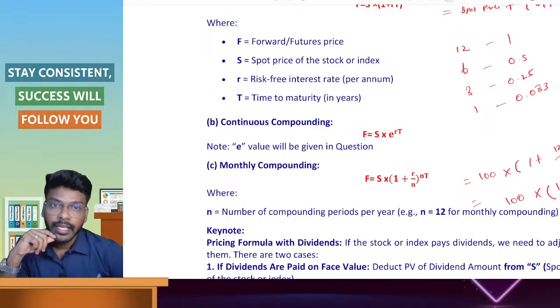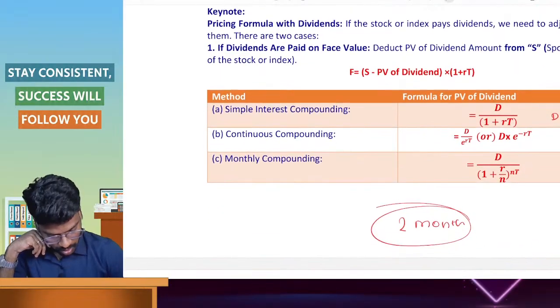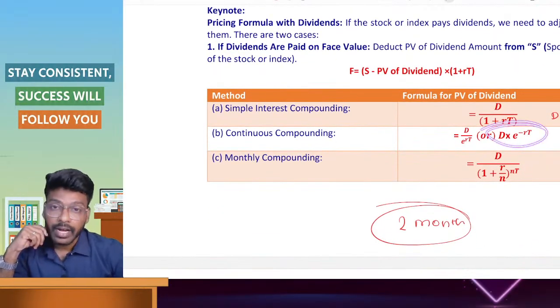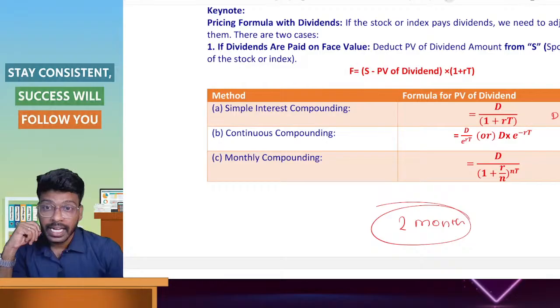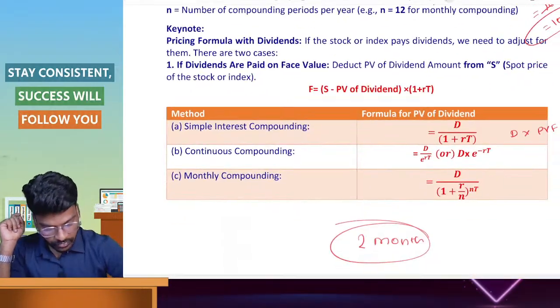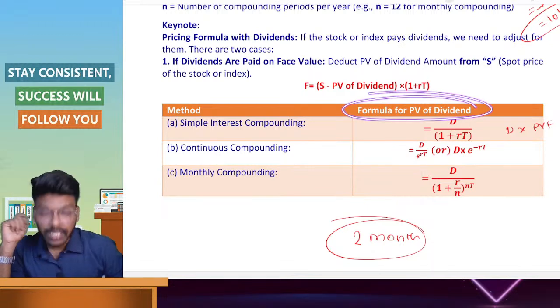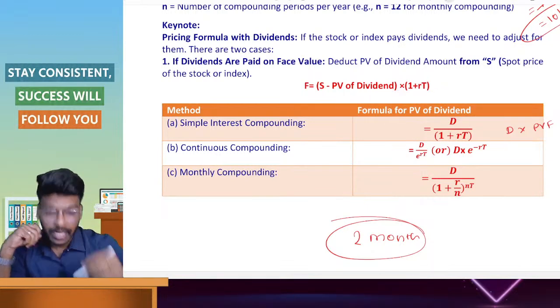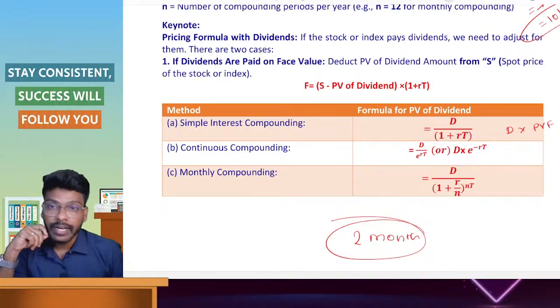If e power minus RT is given, we have to divide. In the case of computing the future price, we use it this way, while in present value computation we have to multiply with the dividend.